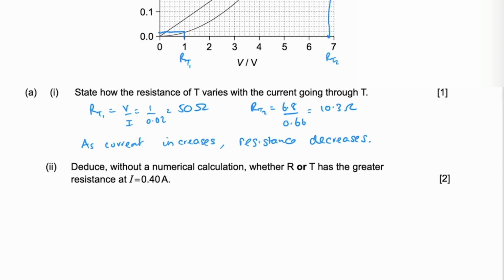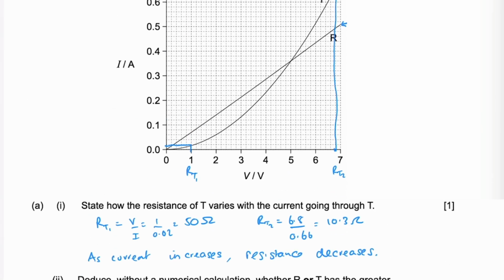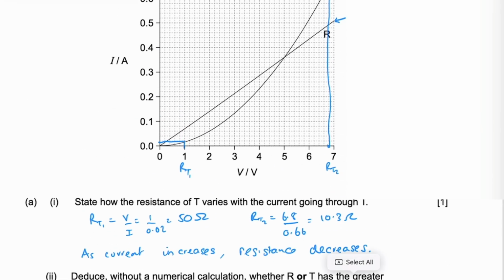8.2. Deduce without a numerical calculation whether R or T has the greater resistance at I equals 0.4. Okay, well R equals V over I. I'm not going to make any calculations, don't worry. But this is constant for both at this point here. I'm going to just tidy this graph up a little bit.